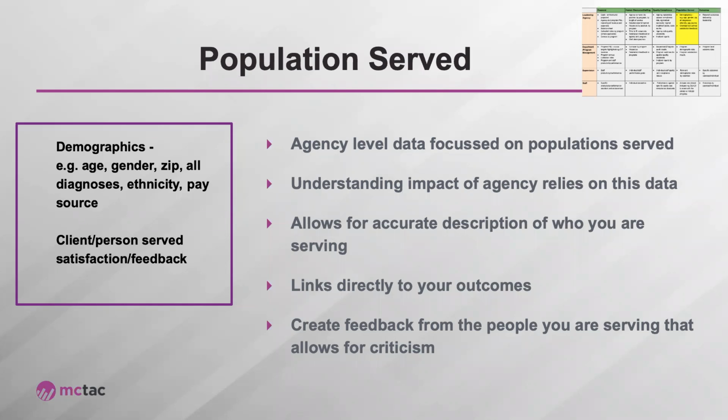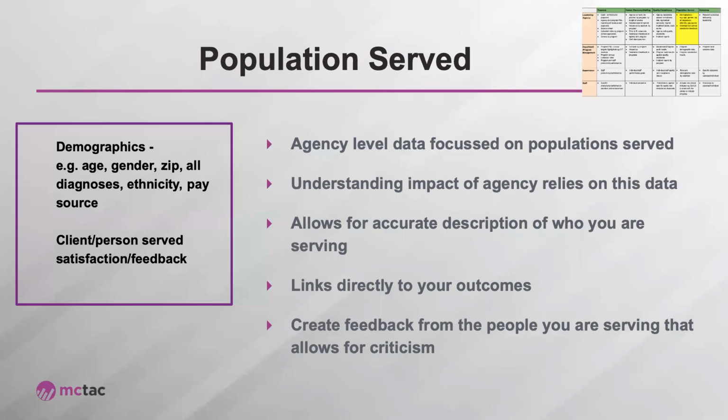I've given examples on the left-hand side of age, gender, where people live, diagnosis, if that's appropriate, ethnicity. And this list of data should be very specific to the services you're providing. But it really is the only way of understanding the impact of the agency, if you understand who you're serving, and it links directly to the outcomes that we're going to be talking about in a second.